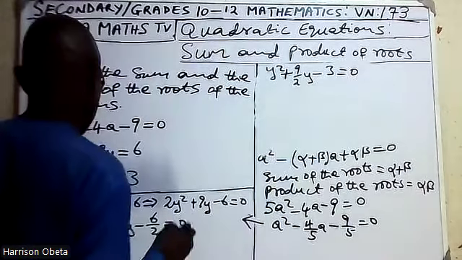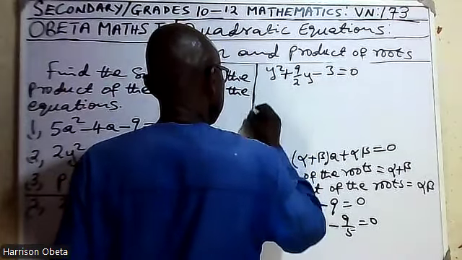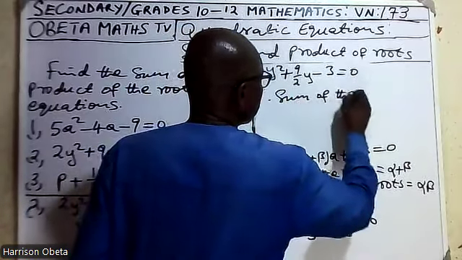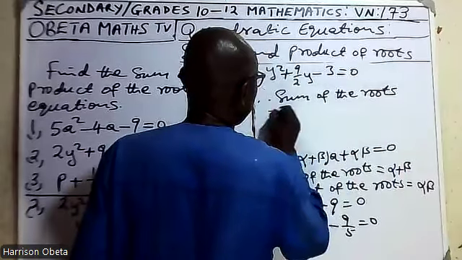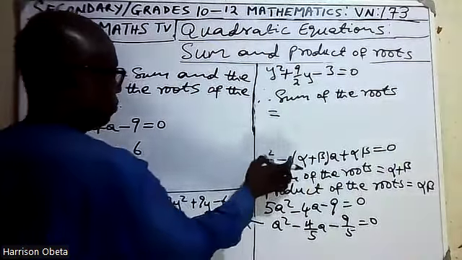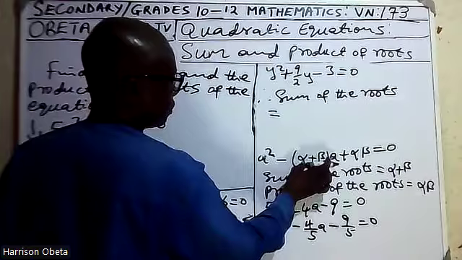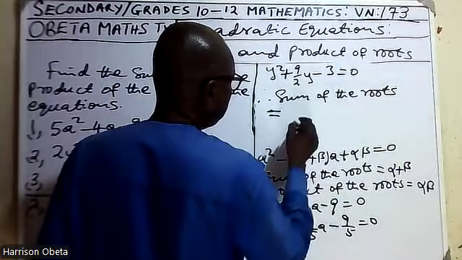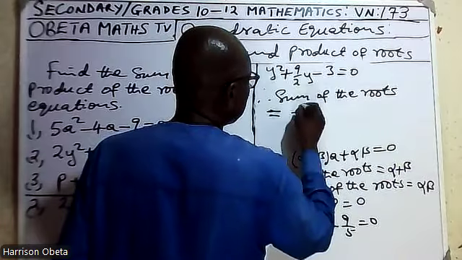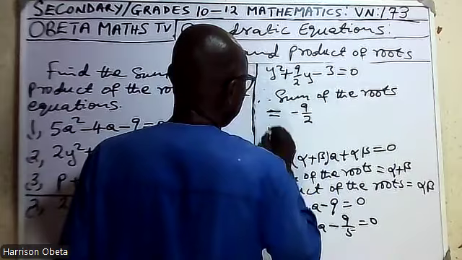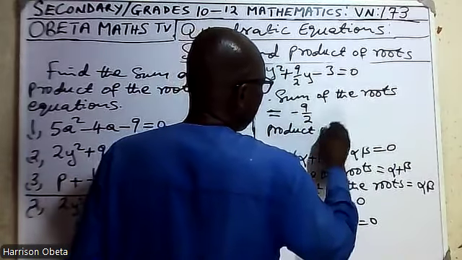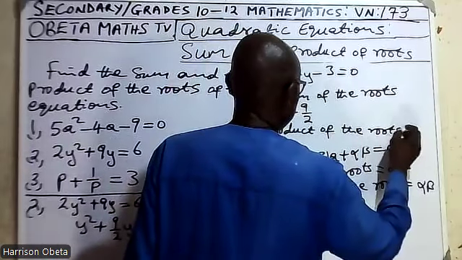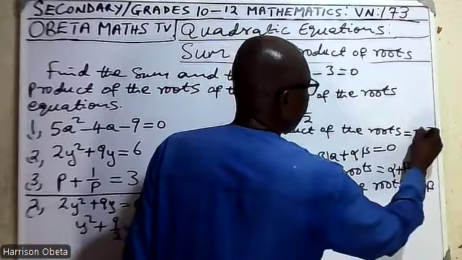Therefore, the sum of the roots, checking the general form from here, should be minus 9/2, and then the product of the roots should be equal to minus 3.